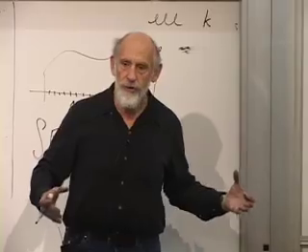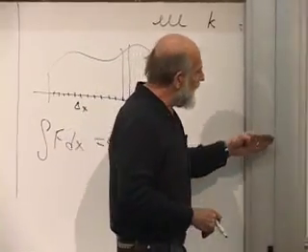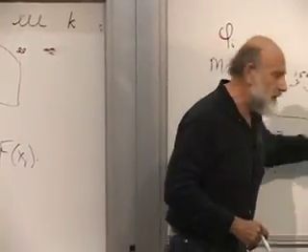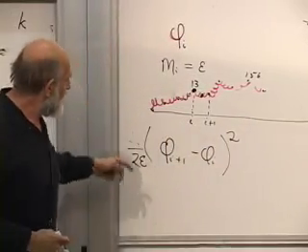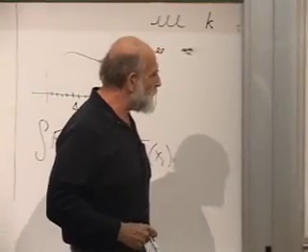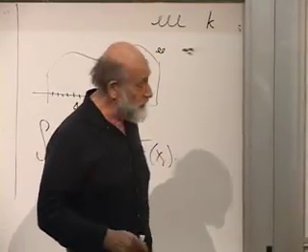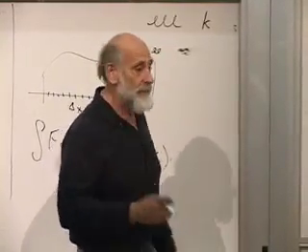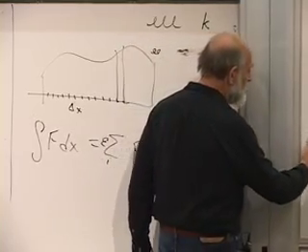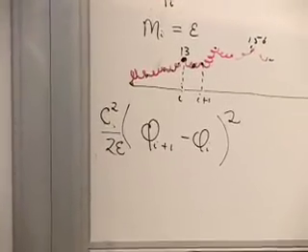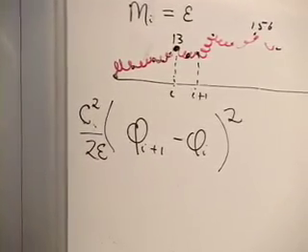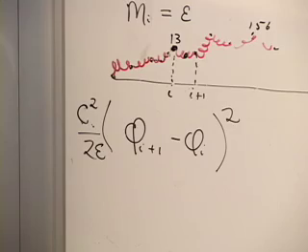It might distinguish different kinds of materials. It might distinguish how tightly the string is stretched. Just some numerical coefficient there that actually carries some dimensions with it. And I'm going to call it c squared, for reasons that will become clear.